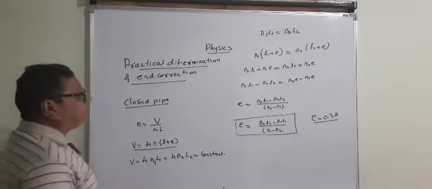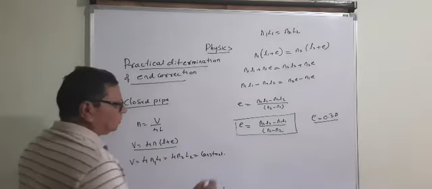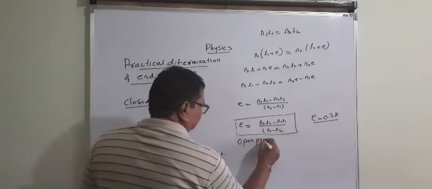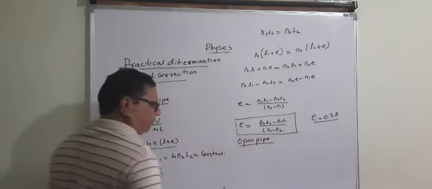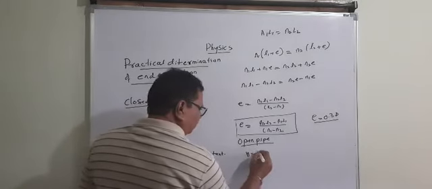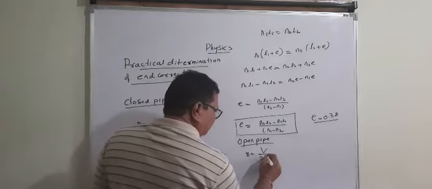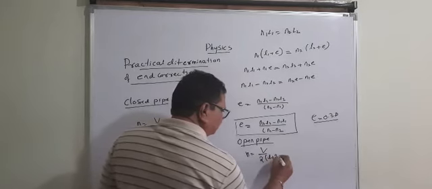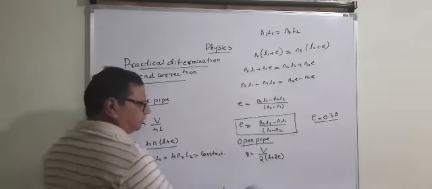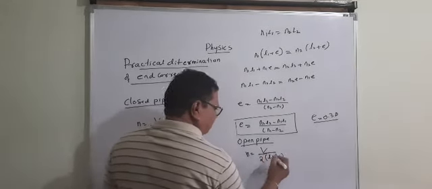For open pipe, similarly, the fundamental frequency of vibration is given by N is equal to V upon 2 L plus 2E. Here 2 appears because end correction is applied on both the sides.